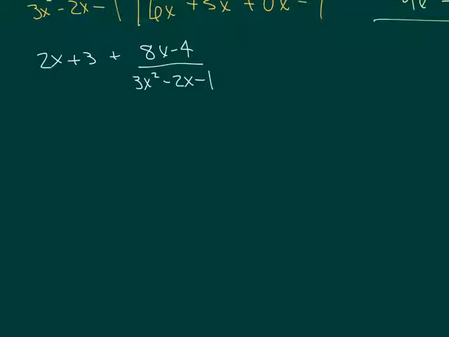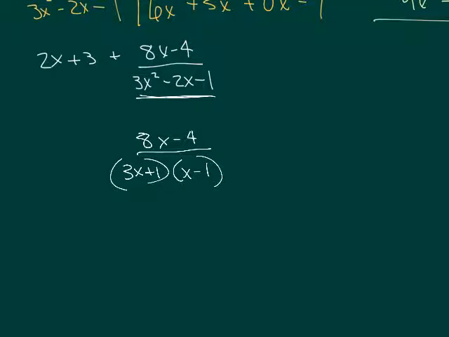But what we have to do, first of all, we have to break this down into linear factors. So 8x minus 4, and that's going to be over 3x plus 1 times x minus 1. So we factor that down. Okay, and then that is going to equal A over 3x plus 1 plus B over x minus 1.